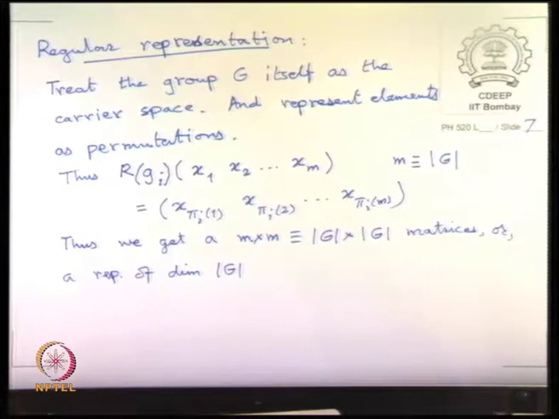When we say matrix of representation of dimension G, it means the corresponding matrices are G by G. So this representation is somewhat bloated, it is highly reducible.